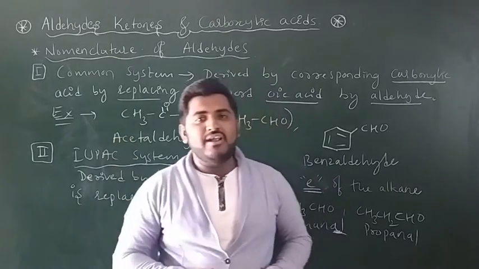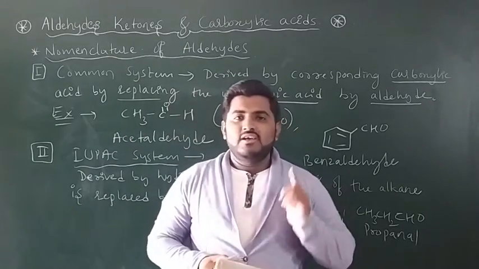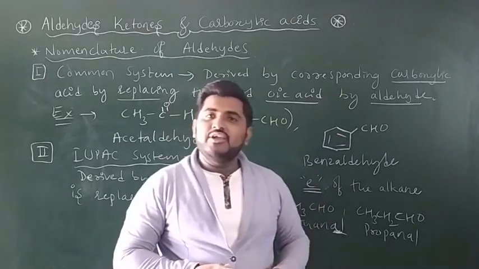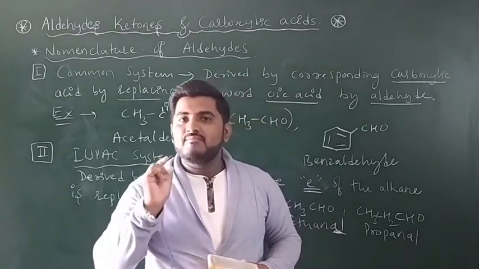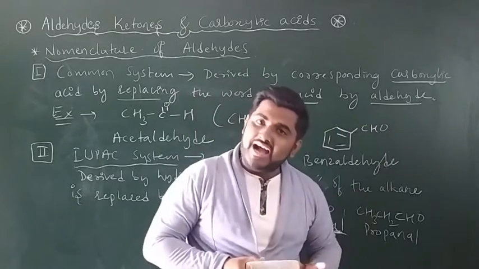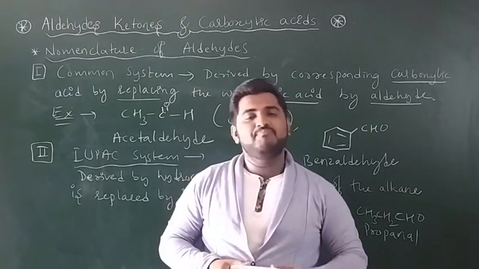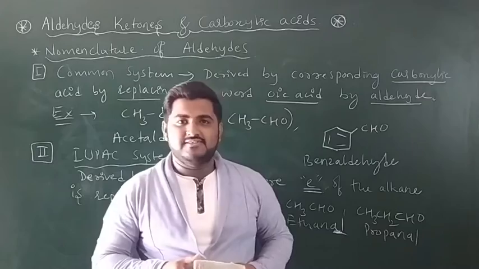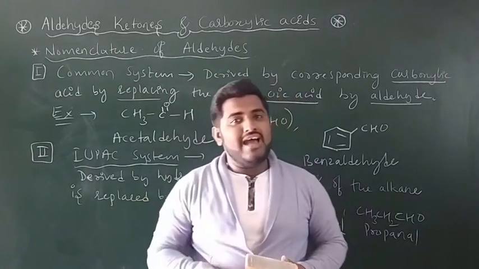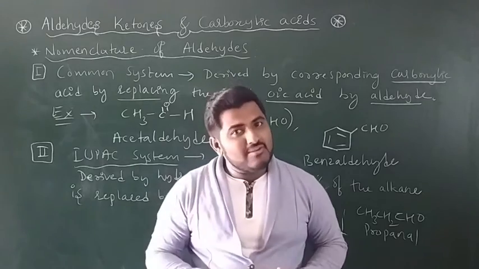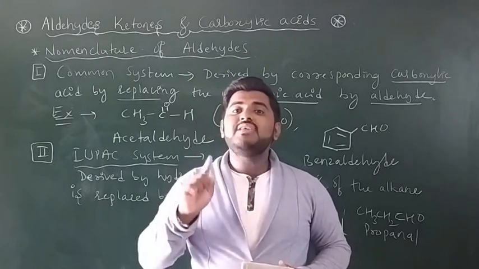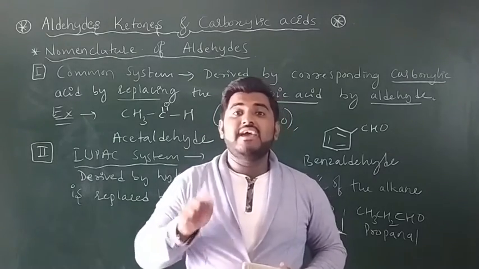In the common system, to name the aldehyde, it is derived from the corresponding carboxylic acid, where the oic acid word is replaced by aldehyde. In the IUPAC system, we derive the name for the aldehyde from the corresponding hydrocarbon, where the E of the hydrocarbon is replaced by al.